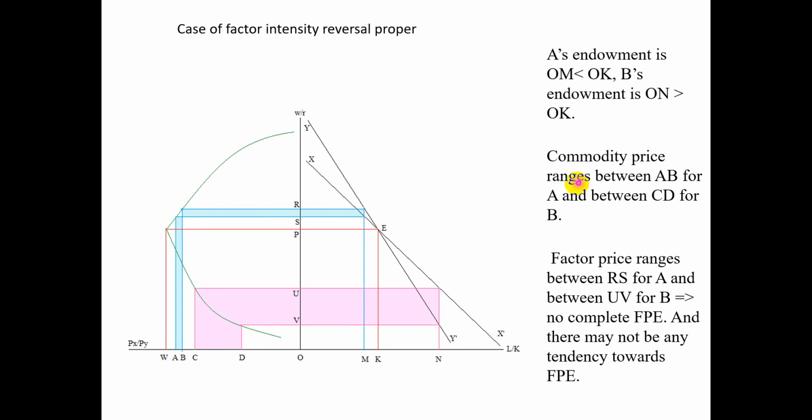So commodity price for country A is given by AB, and the commodity price zone for country B is given by CD. So the corresponding factor price zones are RS for A and UV for B. So in this case, there will be no complete factor price equalization, and there may not be any tendency towards factor price equalization.